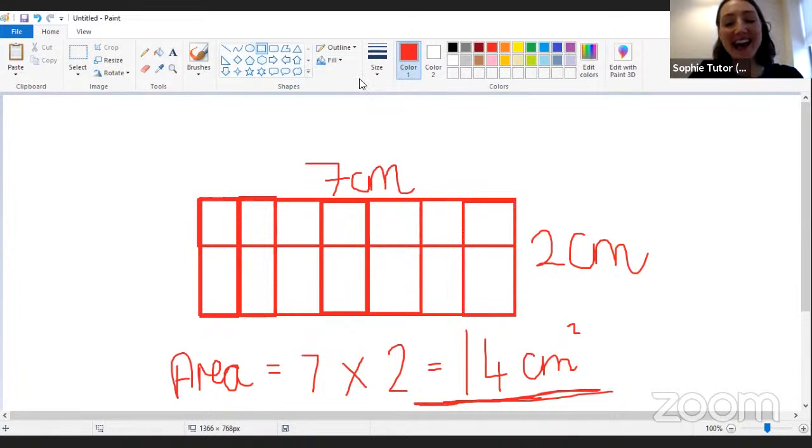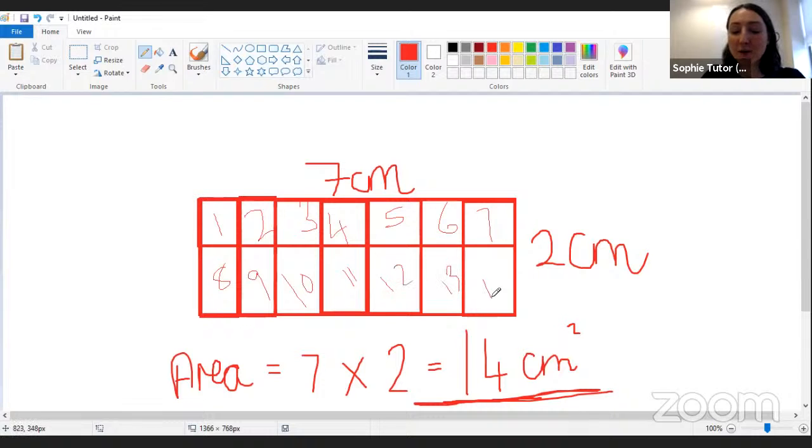So you can see here, this is just my example that I've drawn. And it shows the area as being 14 centimeters squared. So I could have counted them 1, 2, 3, 4, 5, 6, 7, 8, 9, 10, 11, 12, 13, 14. So 14 centimeters squared, or I could have done 7 times 2. Okay, so that was just a little bit fun at the end.